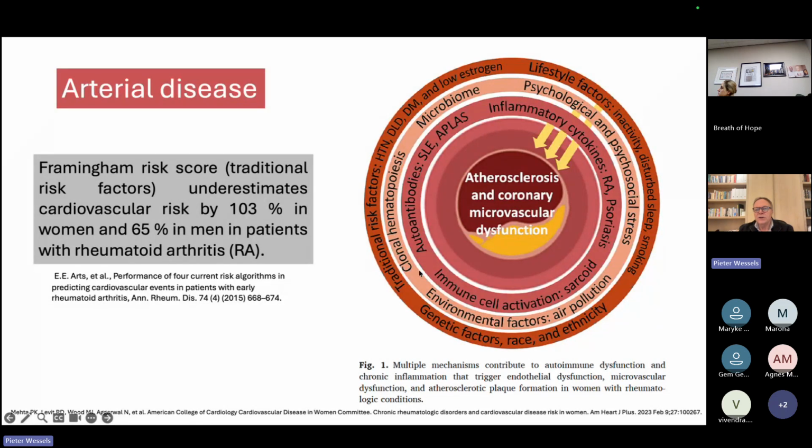We've got clonal hematopoiesis, CHIP, where we have abnormal bone marrow, and genetic factors. Traditional factors are hypertension, diabetes, low estrogen, high LDL, and lipoprotein(a). All these factors play a role, and then we have atherosclerosis forming.